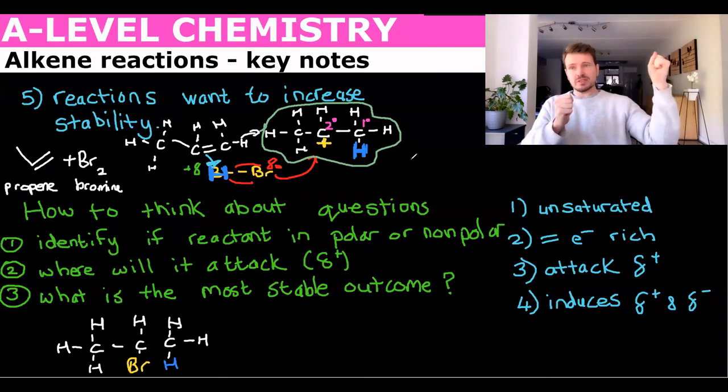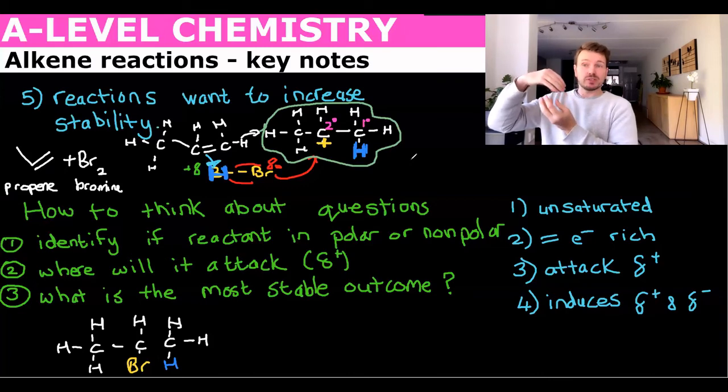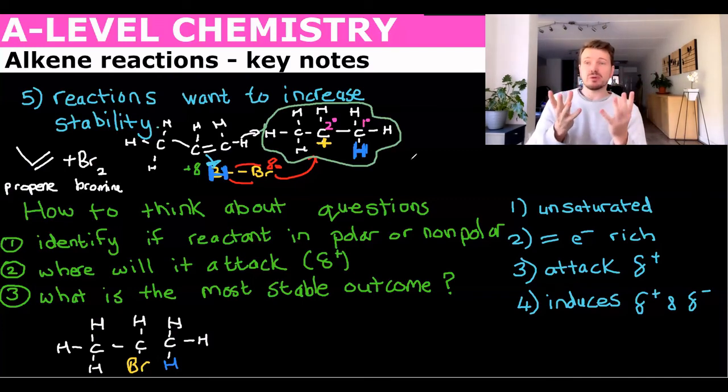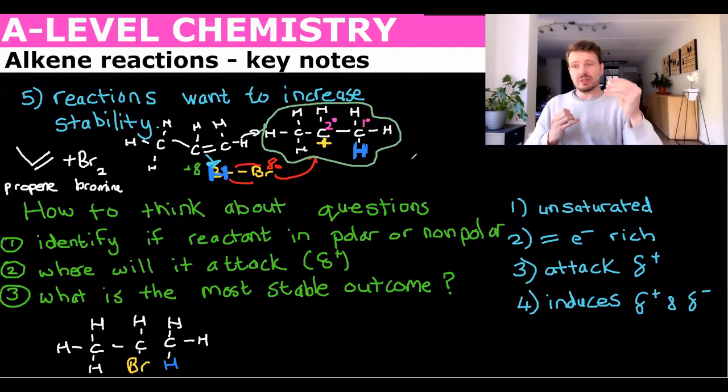It's taken one of its electrons and used it to bond with that hydrogen, or the positive pole of whatever the reactant is. And so, because that electron's gone over there, you've now got a positive on the other carbon. And that positive is now perfectly situated to attract the negative of the polar molecule in question.